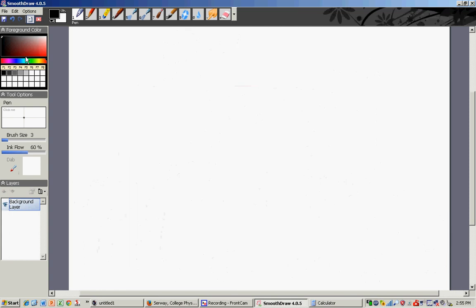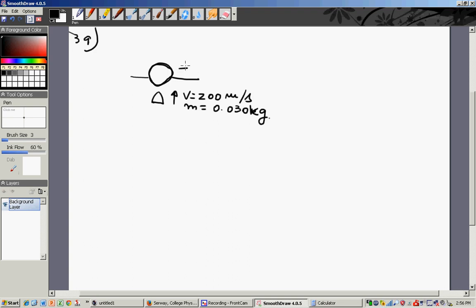Let's assume we have a basketball or a baseball that is initially at rest, and a bullet that is moving vertically, in the upward direction, with a velocity of 200 meters per second, and this bullet has a mass of 0.03 kilograms. The basketball where the bullet is going to be embedded has a mass of 0.15 kilograms, right?